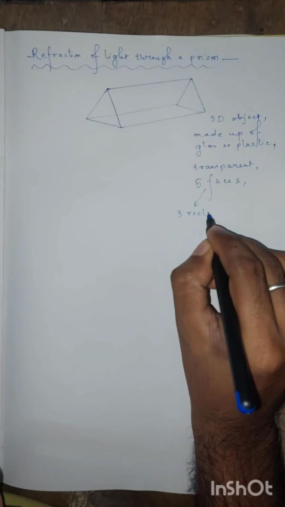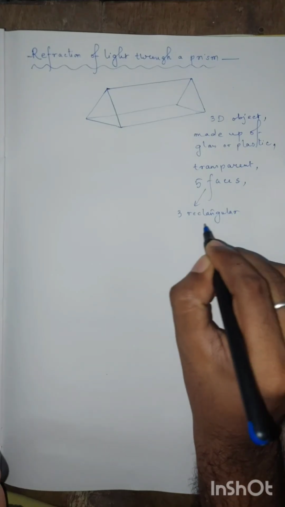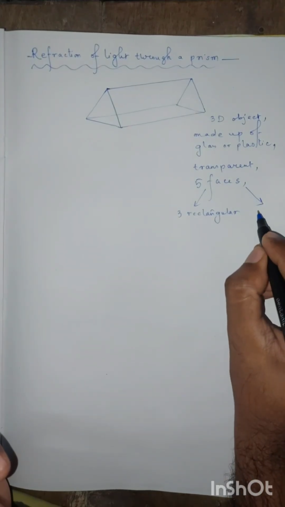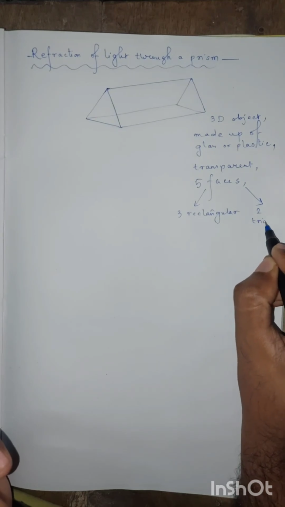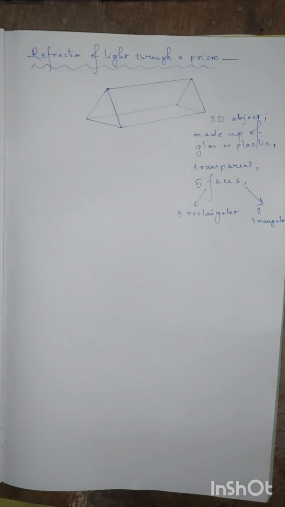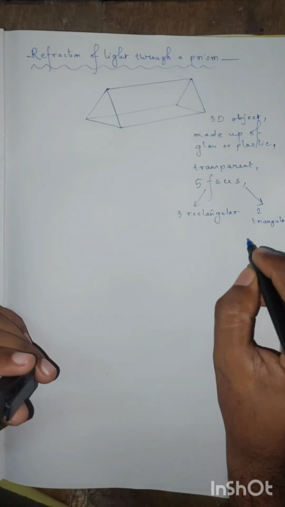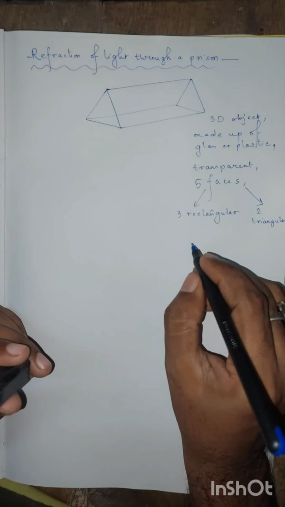Three rectangular faces and two triangular faces. Triangular faces are parallel to each other.